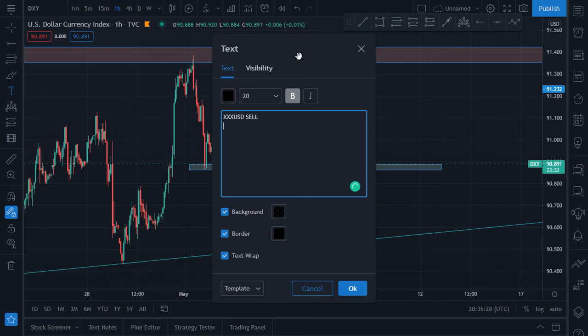Okay, and pairs that start with USD, such as USD CAD, USD JPY, USD SEK, and all that, we will buy because they start with USD. So USD something something something, will buy. Okay, pairs like GBP USD, EUR USD, AUD USD.